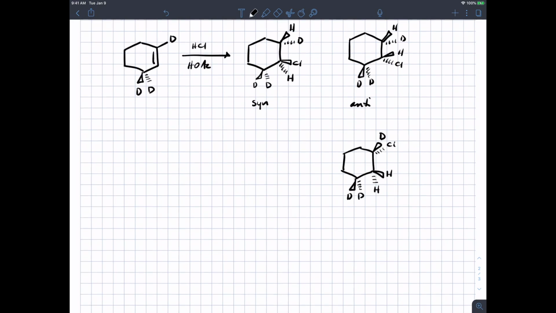We actually, for the product where the hydrogen adds first to this carbon, can't tell whether this is syn or anti, right? Because what you had on that carbon to begin with is a hydrogen, and then you added another hydrogen there. The hydrogens aren't labeled. You can't tell which is which. Does that sort of make sense?